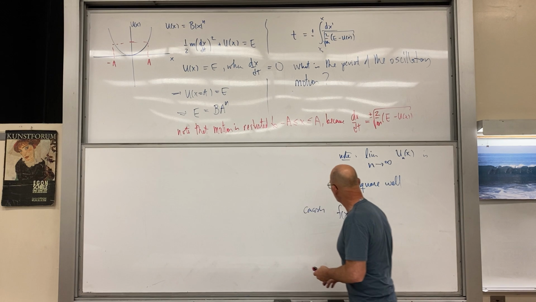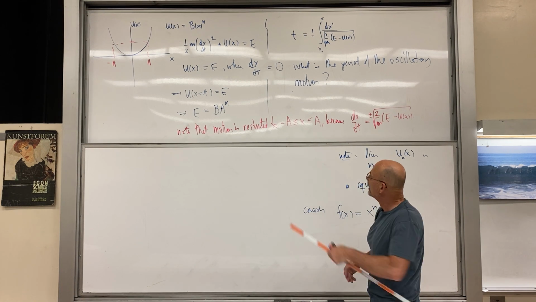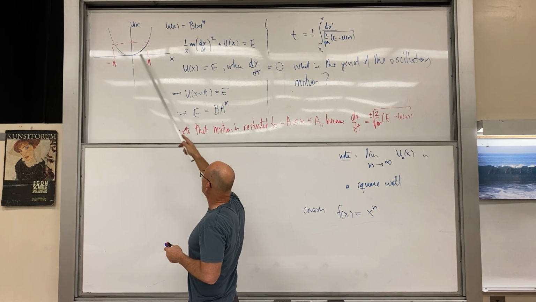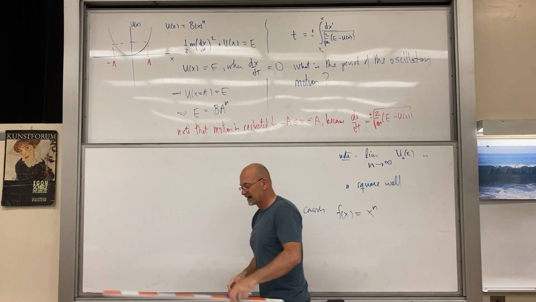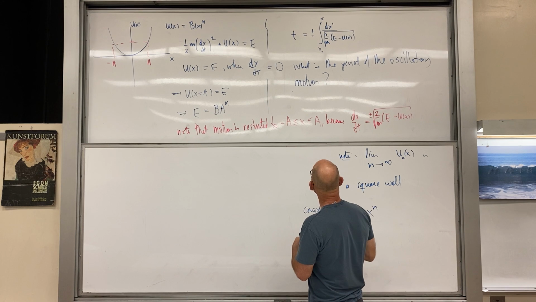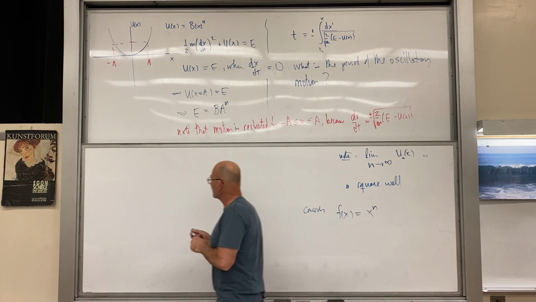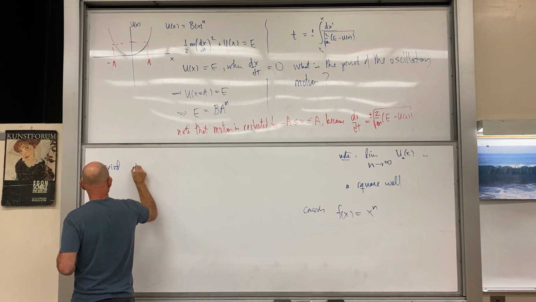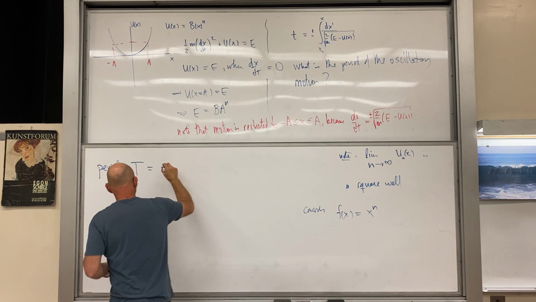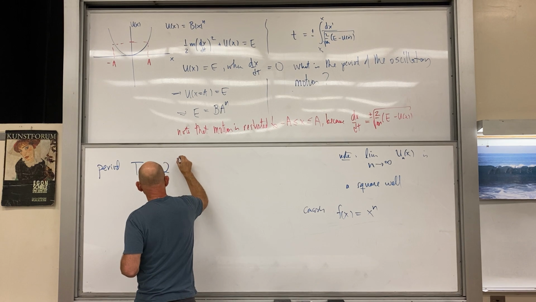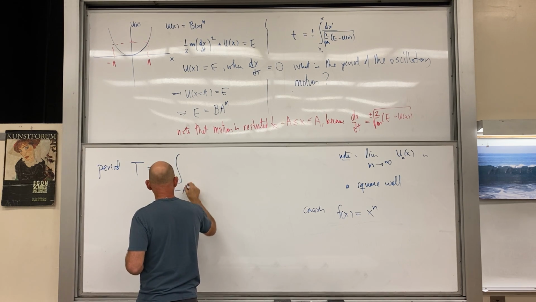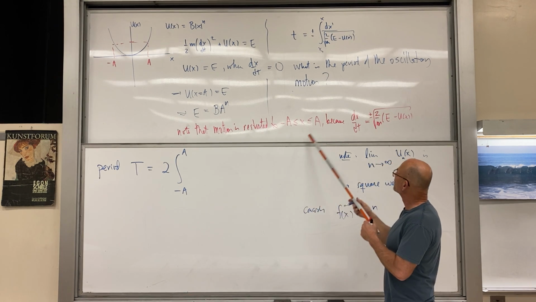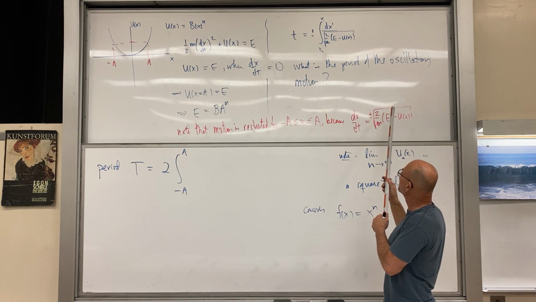So to get the period of this motion here, we have to see that we're going from A to minus A and back again. So picking up with the period of the motion, we'll say period T, we'll use capital T, is equal to 2 times this integral from minus A to A. One of the signs is for going there, and one sign's coming back.